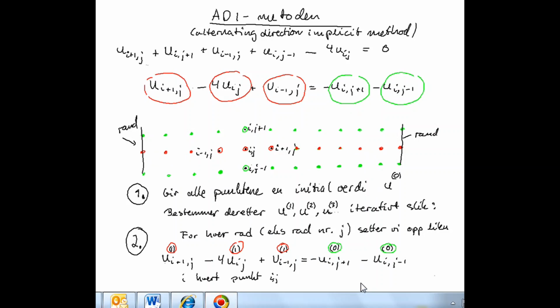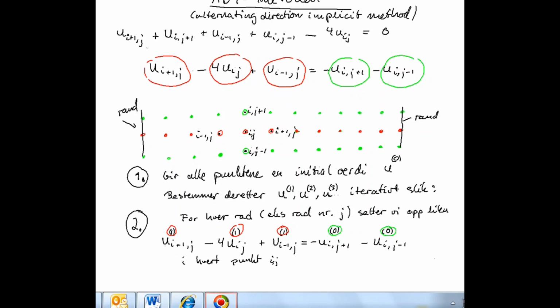This gives us several equations, and these equations are particularly easy to solve because they can be represented by so-called tridiagonal matrices. That is matrices where we have non-zero elements on the diagonal and in the entries nearest to the diagonal.